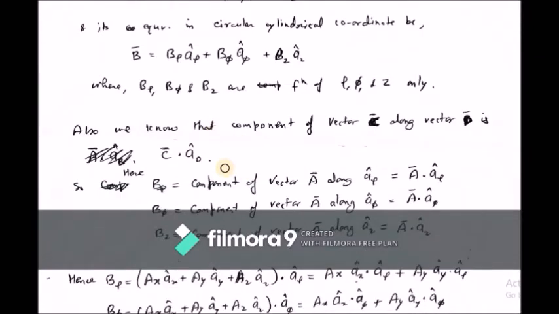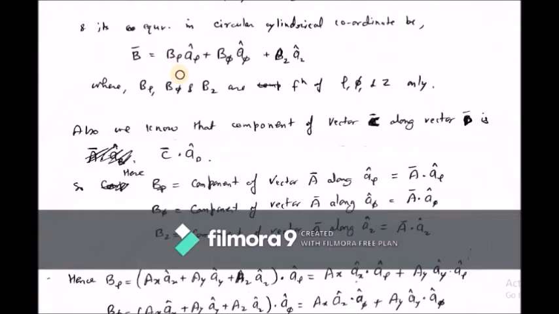To do that, we can use the relation, as I told in lecture 1, that a component of vector c along any vector d is given by c dot ad. This ad is the unit vector along the direction of vector d. So c dot ad gives you the component of vector c along vector d. So what is this b rho?